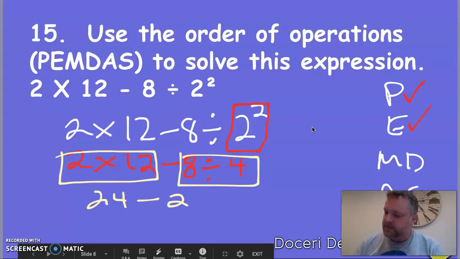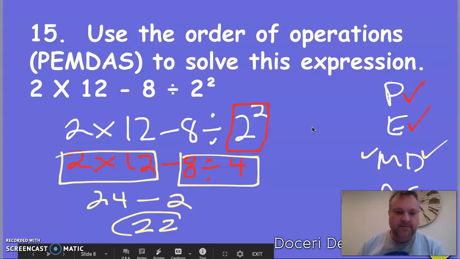So I've done multiplication and I've done division. Now I can move on to the last step, which is addition or subtraction. I see that there is subtraction. 24 minus 2 is 22. So using PEMDAS, I have solved this expression. I put a check mark next to each letter as I went through it.